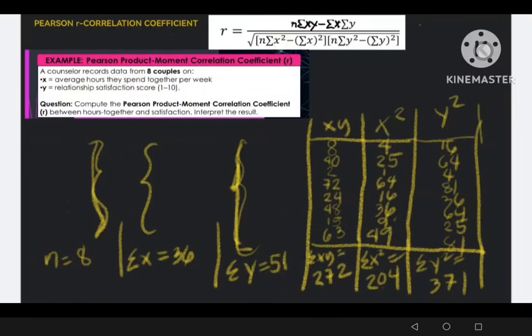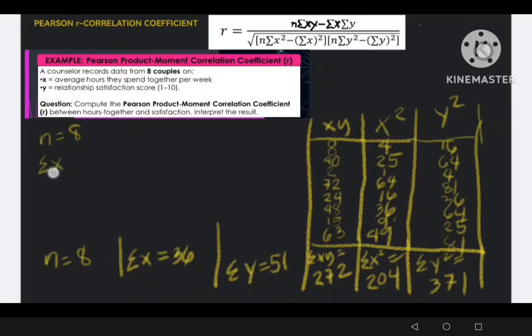Okay, let's note these values. The value of n, as we can see here in our result, is 8. Summation of x is equal to 36. Summation of y is equal to 51.